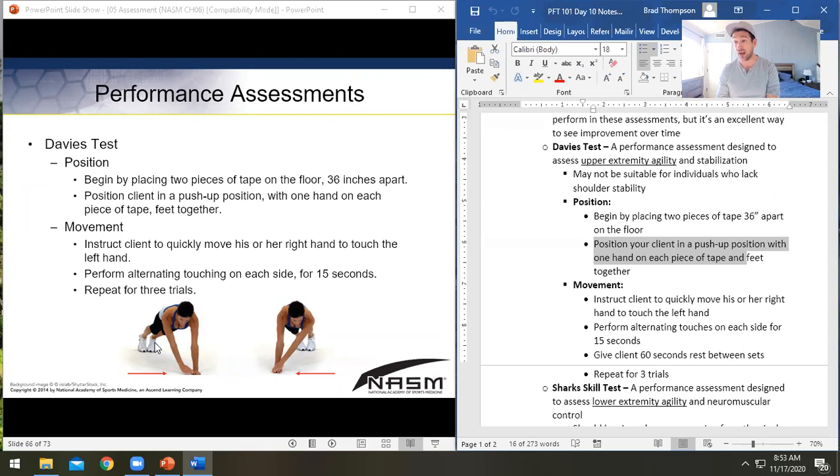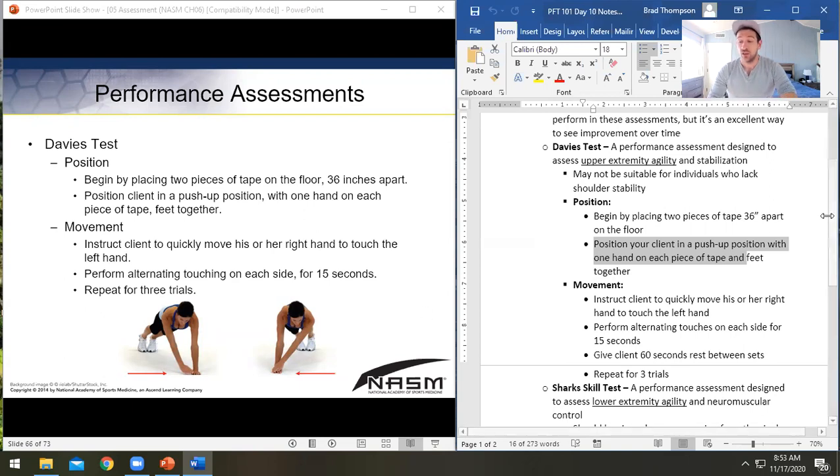Or maybe they're really wide the third time you test it, so they're getting easier, but then all of a sudden they go back to hip width apart, and it's like, wow, your Davies test got way worse from the first time we did it. What happened? We don't want that to happen, because that makes it look like your training program isn't working. So one of the biggest things is to be really consistent here. Always do the feet together. That'll ensure consistency.